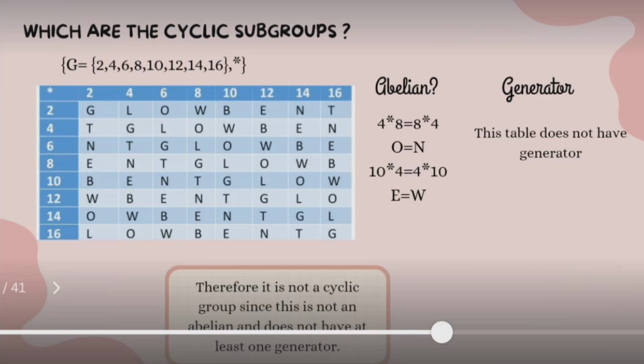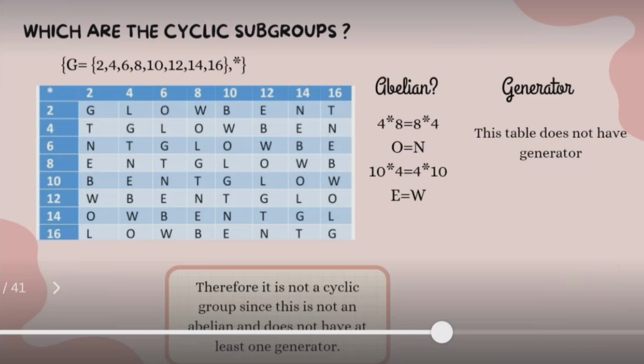As you can see on the table, the result of 4 star 8 is O. However, the result of 8 star 4 is N. So, it is not equal. But then we will try another element. For 10 star 4, we will get E, and for 4 star 10, we will get W. Therefore, it is not abelian.